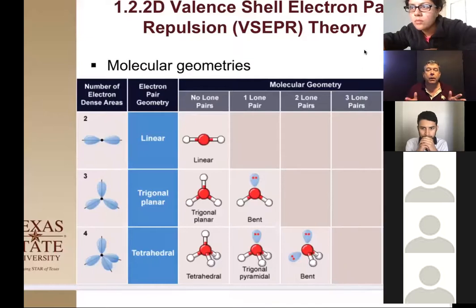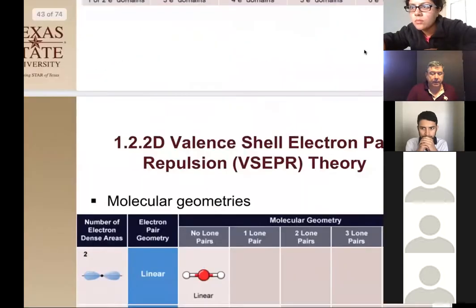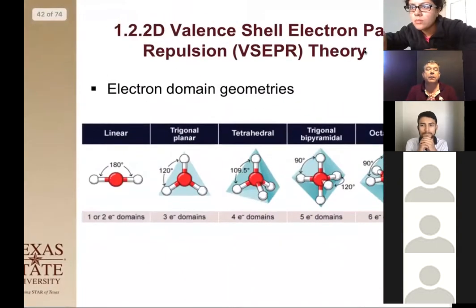All right, so last time we were actually talking about these structures here where we're looking at the electron domains and their geometry. In the electron domains, there doesn't necessarily have to be an atom there, okay? It's just where lone pairs could be or electron domains.